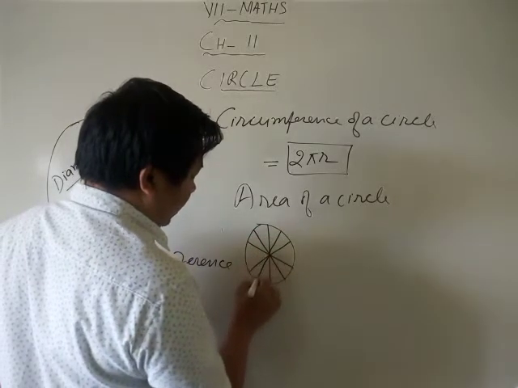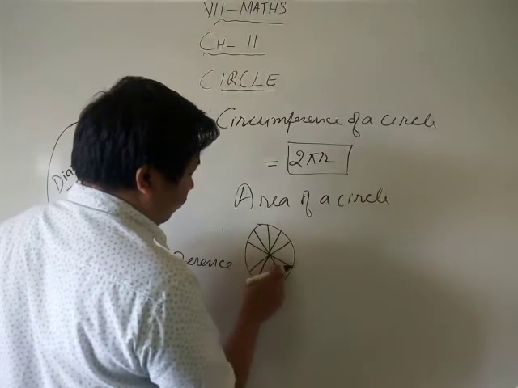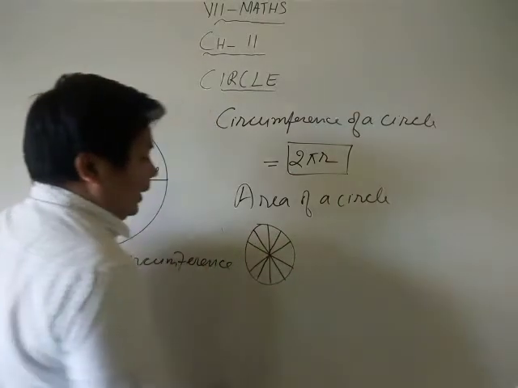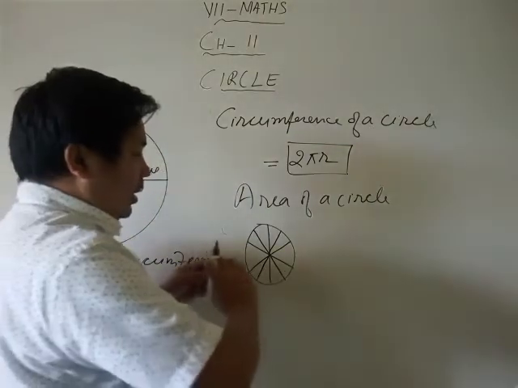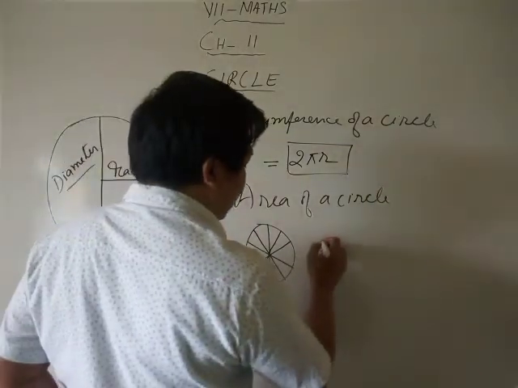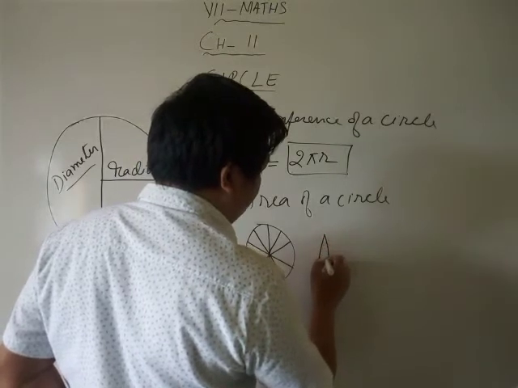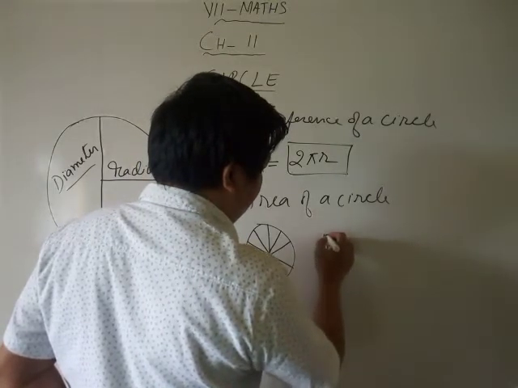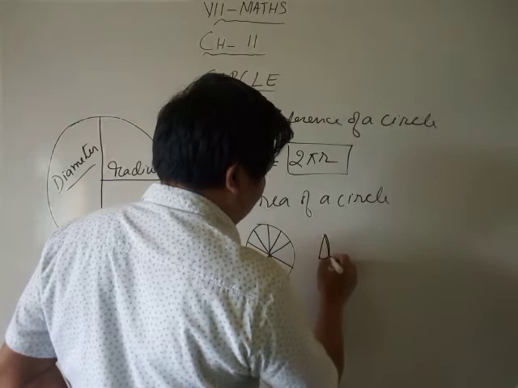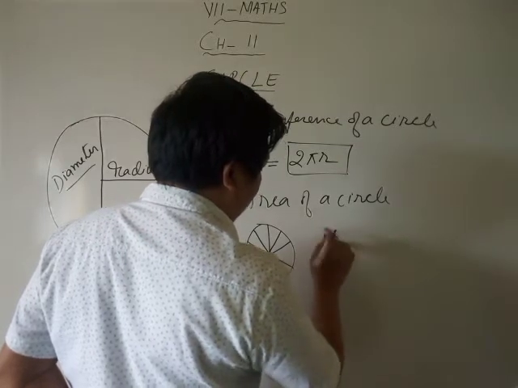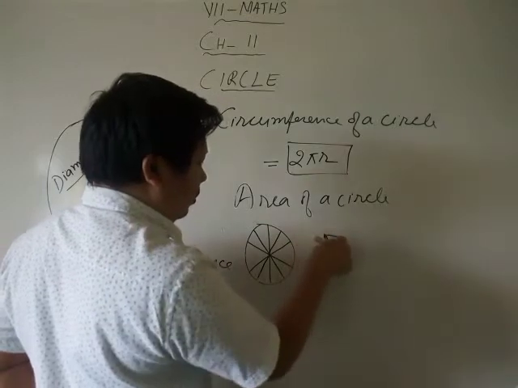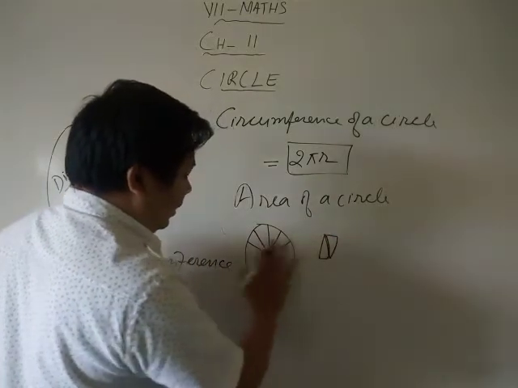How many sectors have we divided? 1, 2, 3, 4, 5, 6, 7, 8, 9, 10. We have divided this circle into 10 sectors, and we arrange them like this: one sector like this, another sector like this, one up, one down, one up, one down.